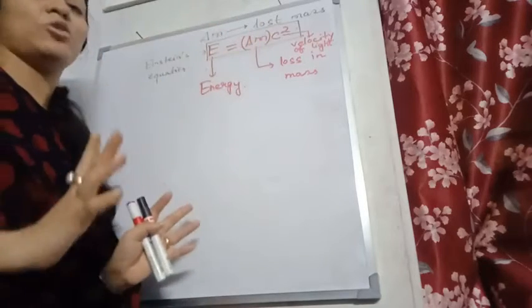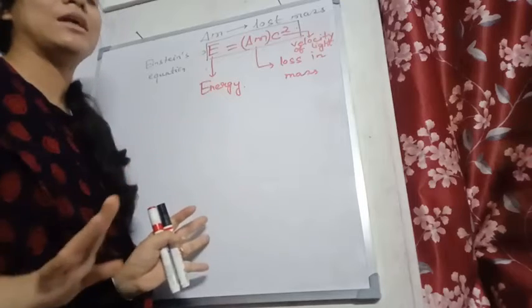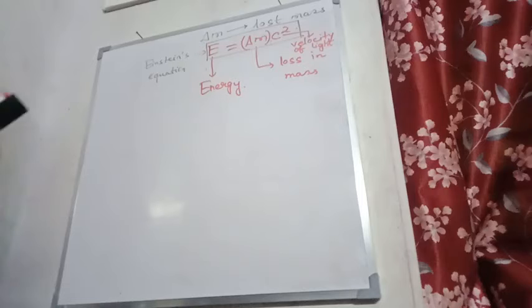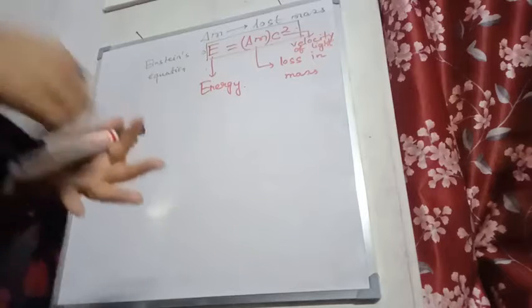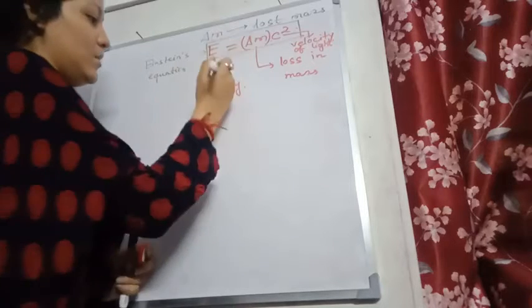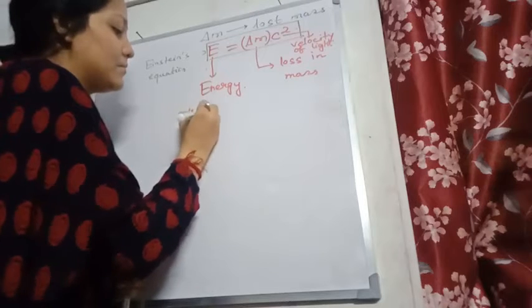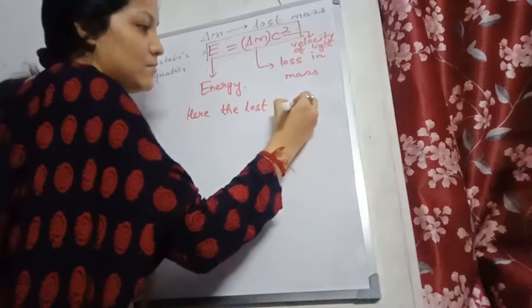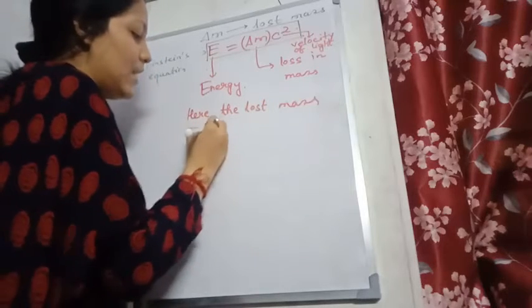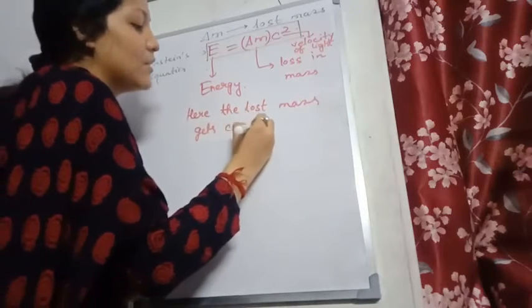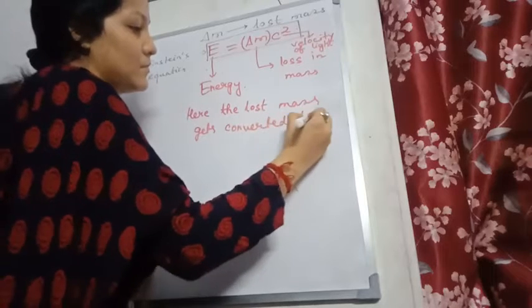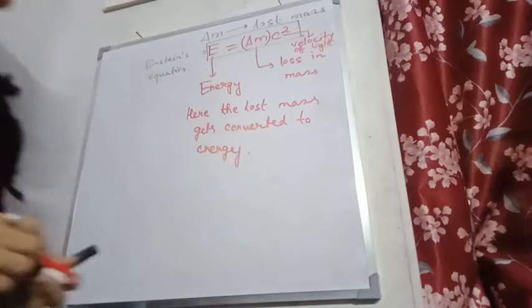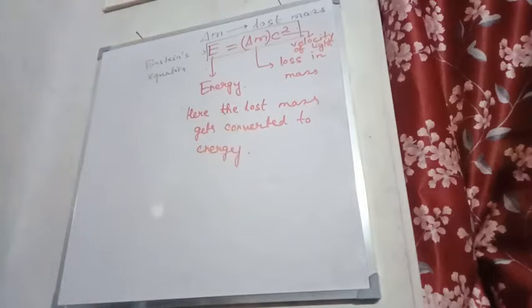That's why we get so large an amount of energy. This is never possible in a chemical reaction.